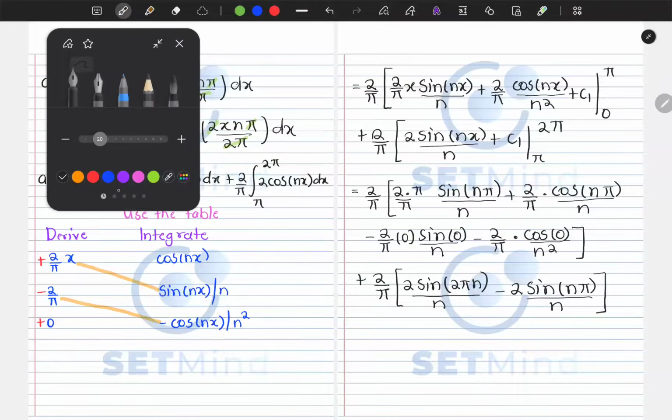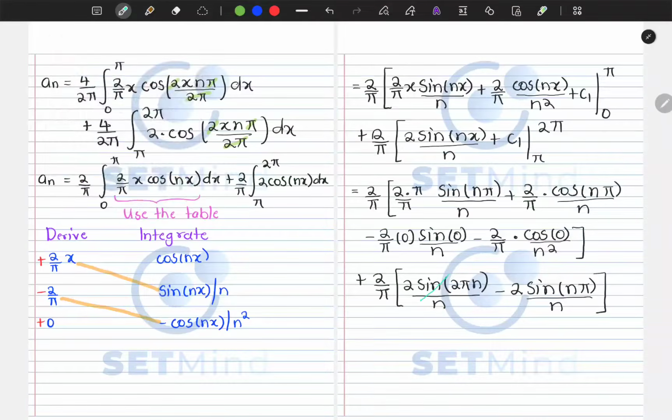So there's a lot of simplification that can be done here. So you should remember that sine of n pi will always give you 0. So even this component will be 0, and sine of 0 will always be 0. That component will always be 0.